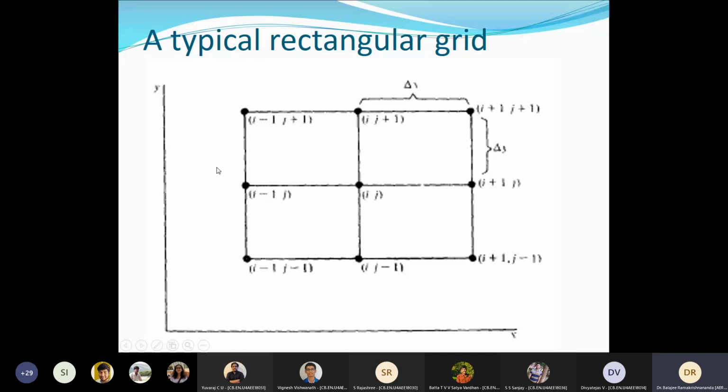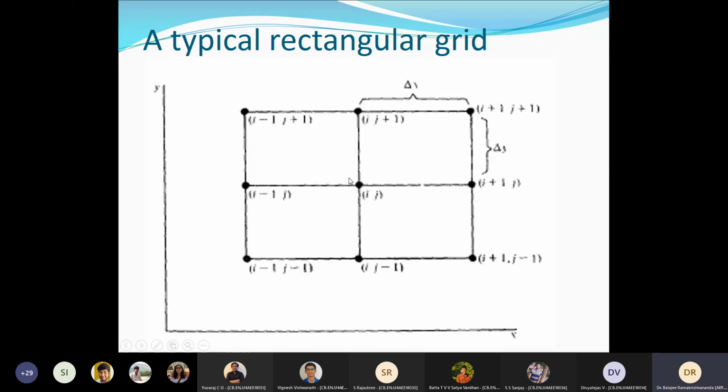Now suppose you have one point called I, j, and a grid made only of rectangular points. The points are spaced equally on the x-axis with distance delta x between them, then equally on the y-axis with distance delta y between them. Delta x need not be equal to delta y, so that's why we call it rectangular.